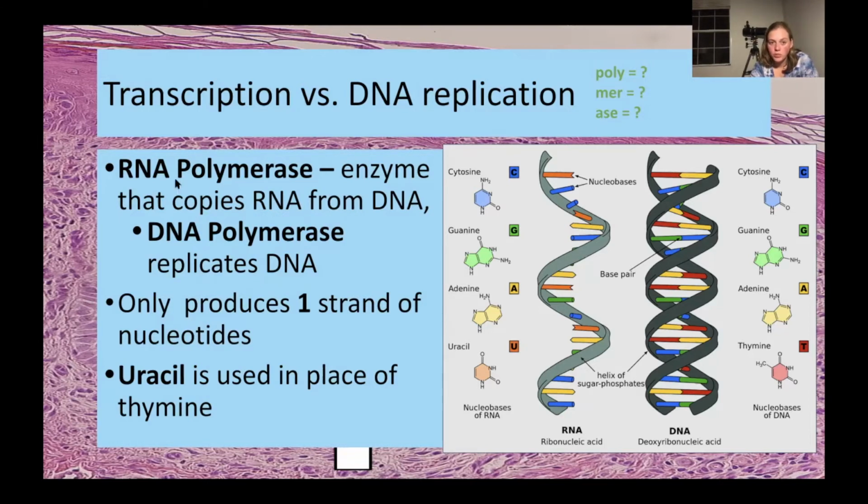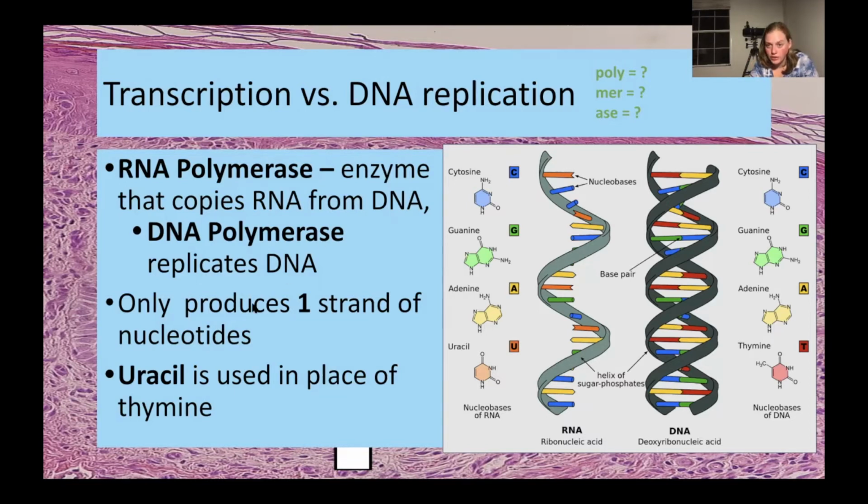With transcription, we're going to use a different enzyme, RNA polymerase. We saw it on the last screen. So this time we are using an enzyme that puts many parts together to make RNA. And we're doing this by looking at a DNA strand. Now with DNA, we made a double helix, had two identical copies of DNA that were both double-stranded.